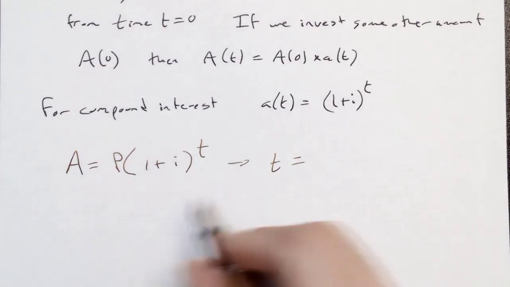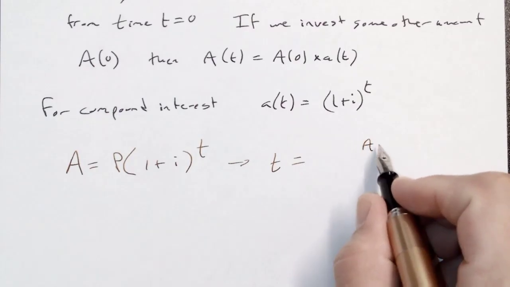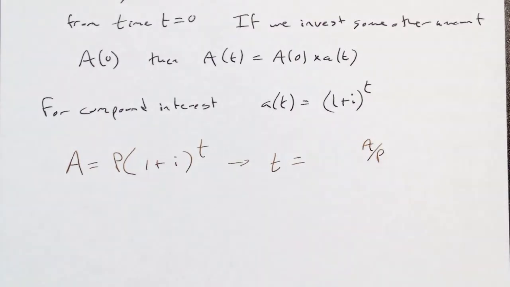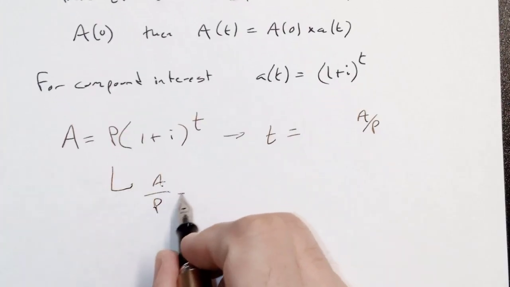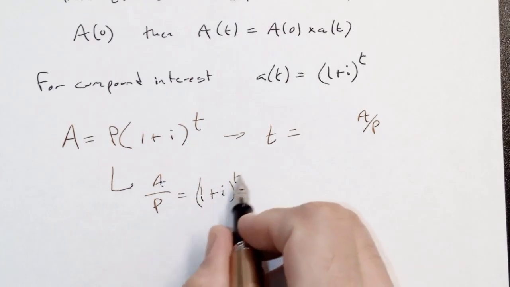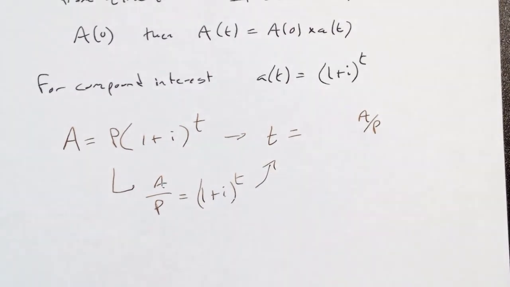I got to divide out the P, so I'm perfectly good with that. Well, let me write out the intermediate steps. So we have A over P is 1 plus I to the T. What do I do to get T all alone there? You could do the T-th root of 1 plus I. If I did the T-th root, that would cancel the T's, but I wouldn't have any T's left.